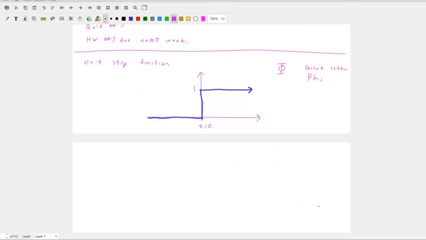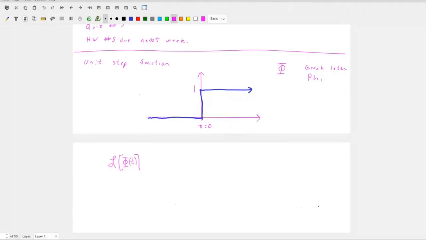So the Laplace transform for a unit step function is our Laplace of capital phi of t.